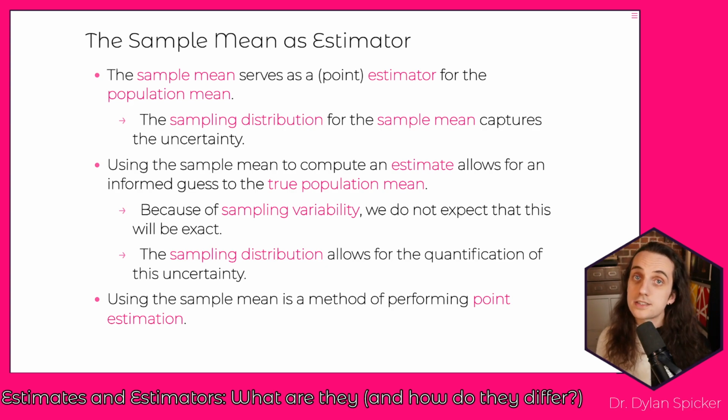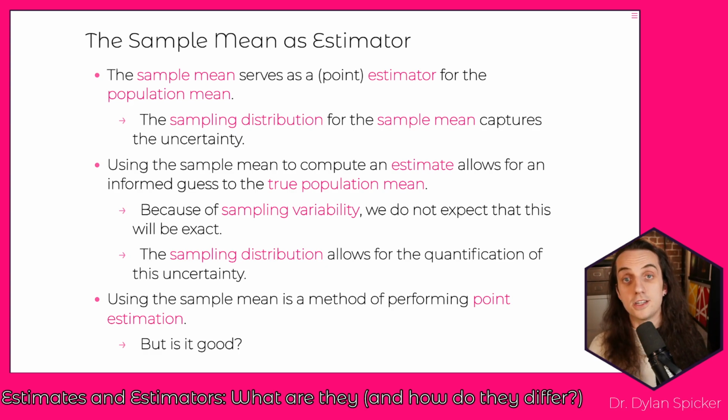The justification for using the sample mean in this way can be supported through the theory of estimation. The real question we want to answer is, this process makes sense. It's intuitive to take the sample mean and use that for the population mean. But is it going to be good? How do we know that we're actually going to get something that performs well?